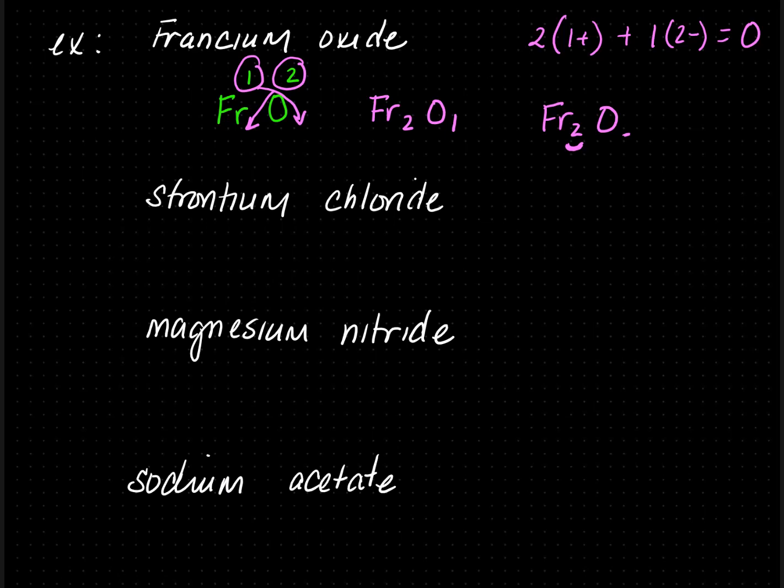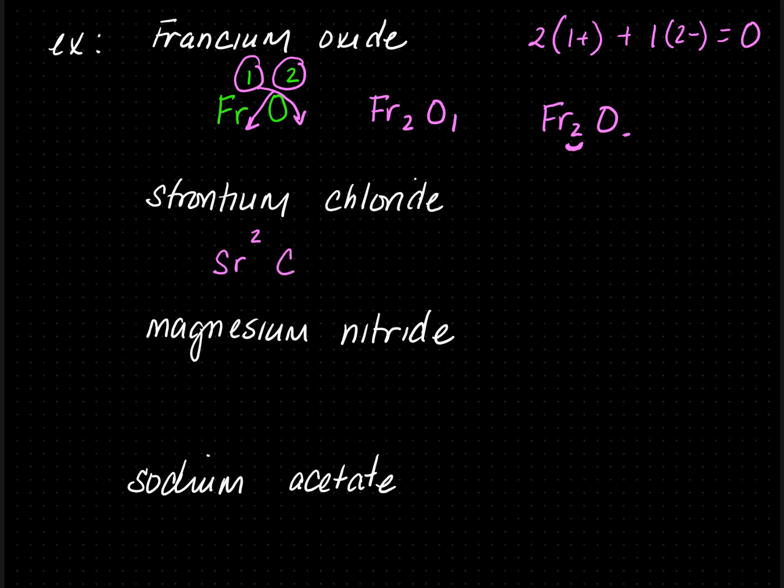Strontium chloride. This is also an ionic compound because the first element is a metal. So we look up the symbol and charge. Sr, the charge is 2. The nonmetal is chlorine or chloride.